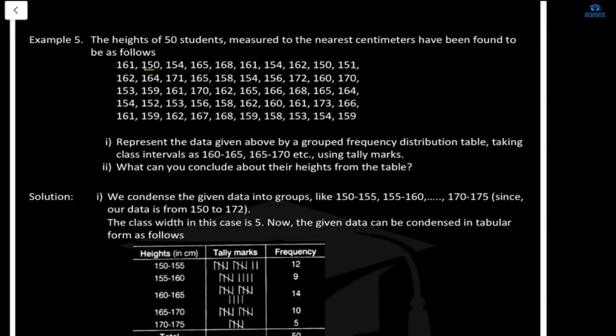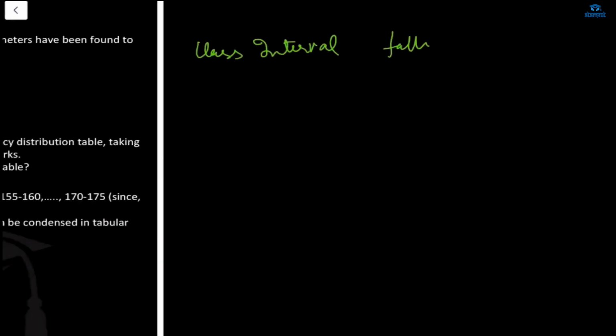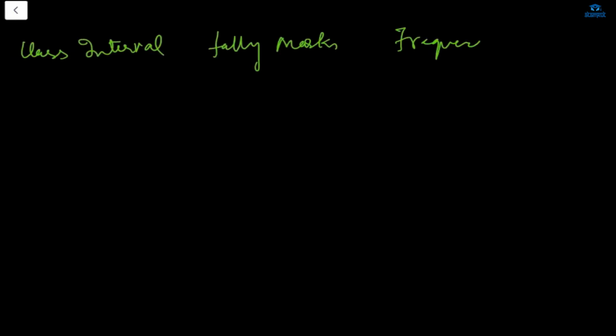Ma'am, I can see 172. Yes, 172 is there. So we can take 170 to 175, because we are taking an interval of 5. We can end at 175 because no value is greater than 172. So now we can draw the class interval, tally marks, and frequency columns.